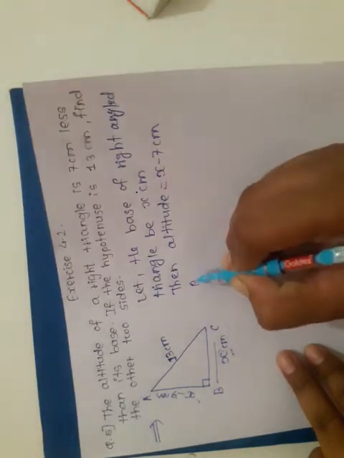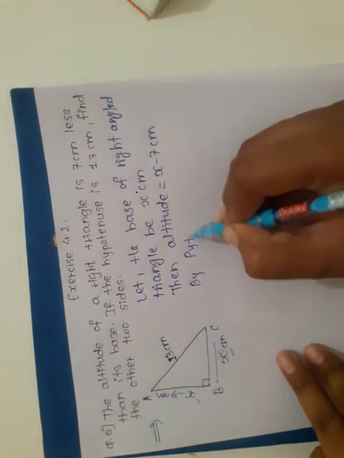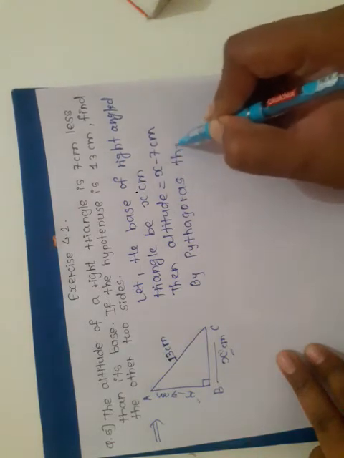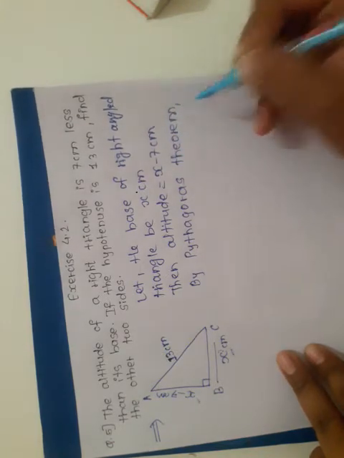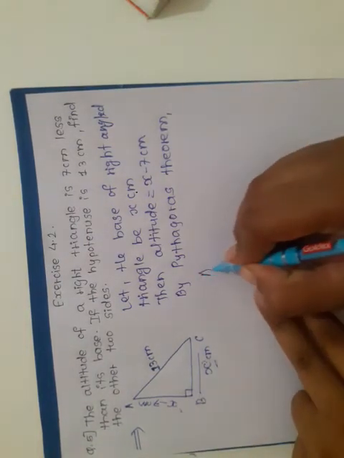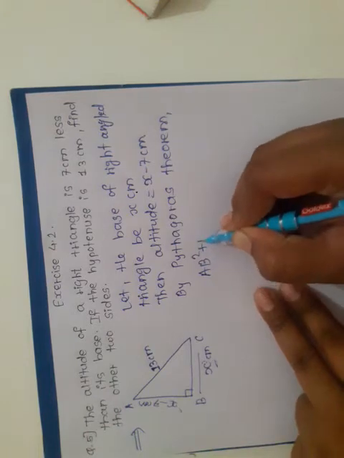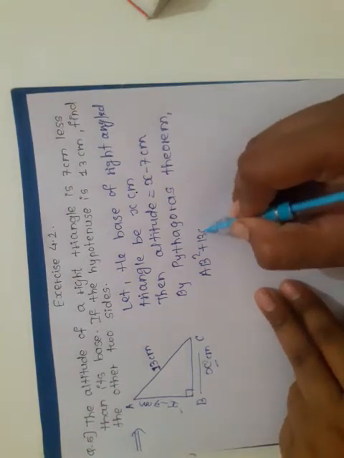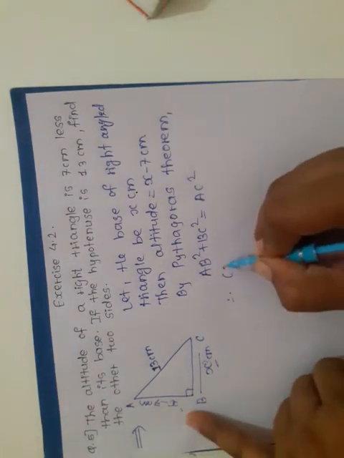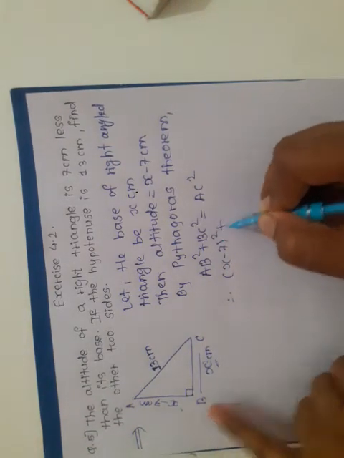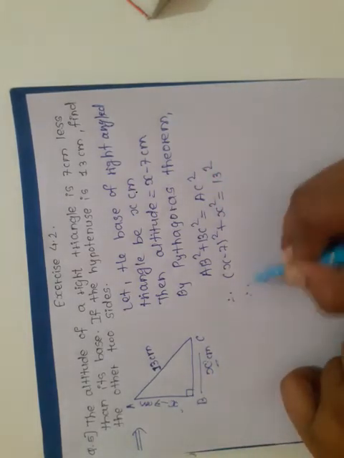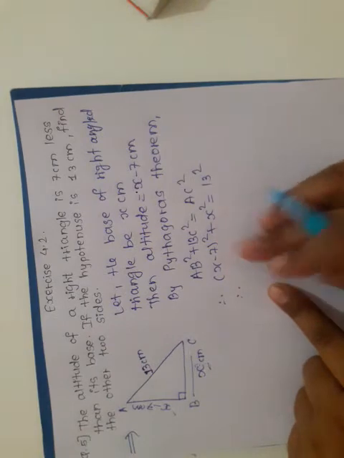So write down, by Pythagoras theorem we can say that AB square plus BC square is equal to AC square, and therefore (x minus 7) bracket square plus x square is equal to 13 square.